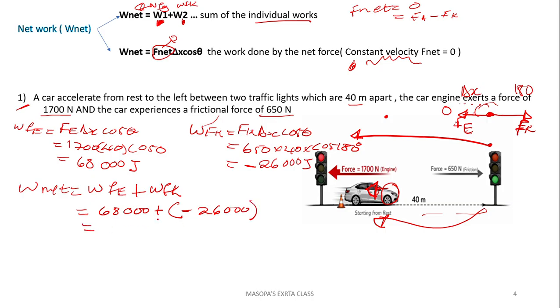Positive times negative is negative, meaning that you say 68,000 minus 26,000, and we get 42,000 joules. So that is the work net that is taking place on the car.